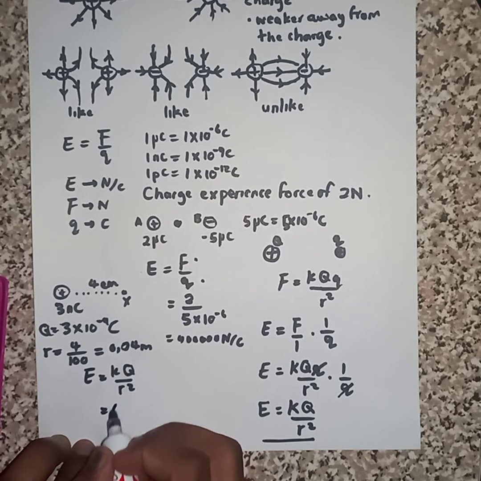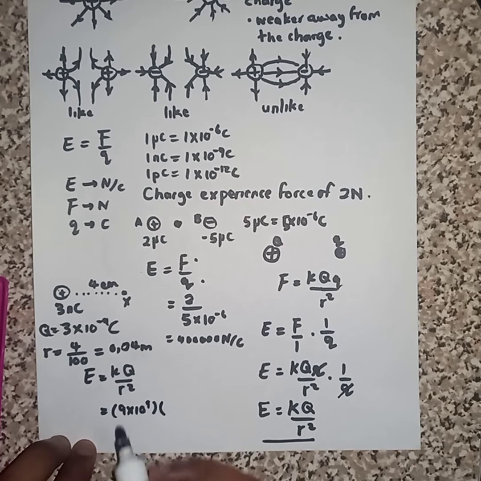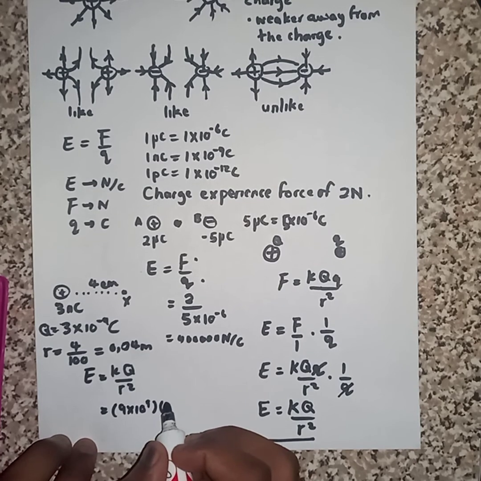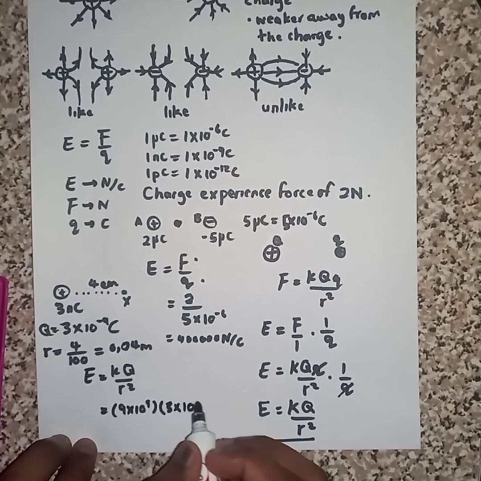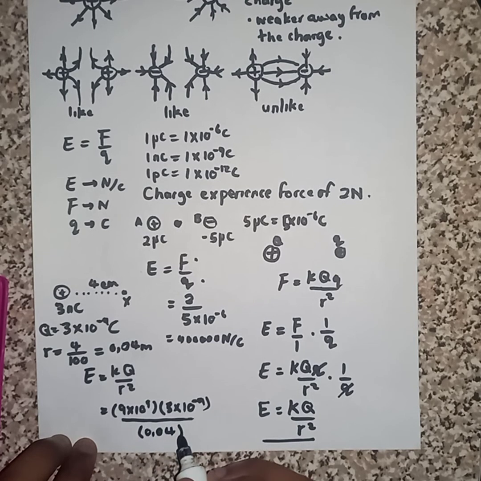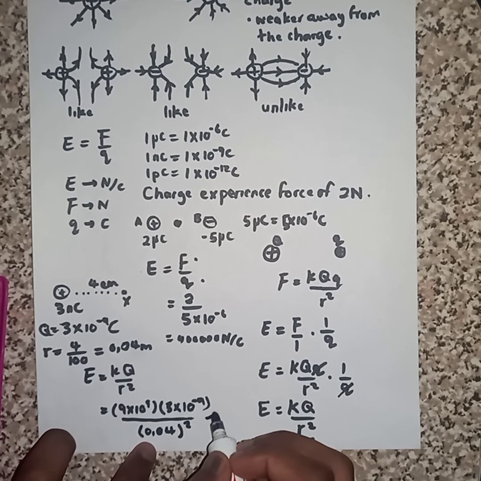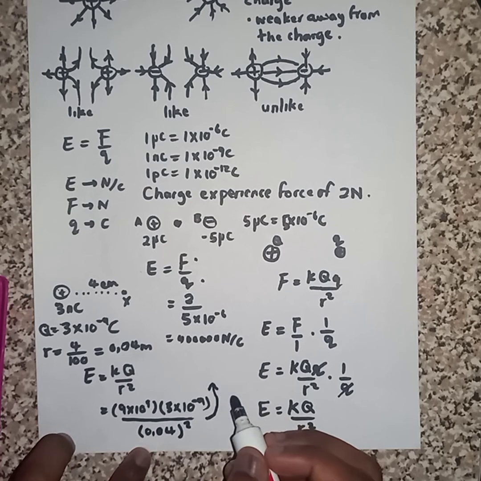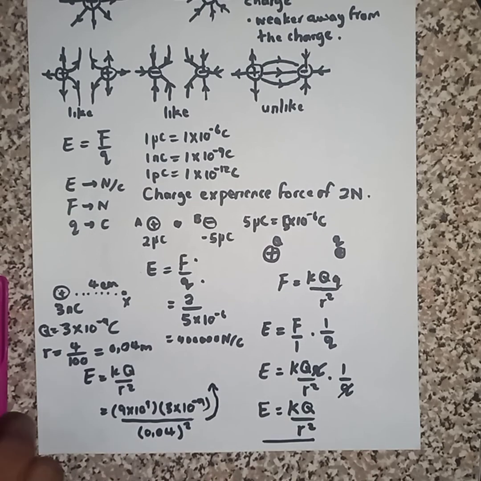Then your K is 9 times 10 to the power of 9. Your charge 3 times 10 to the power of minus 9. Then your R is 0.04. Then you write a square. I don't have space. I'll write my final answer here.